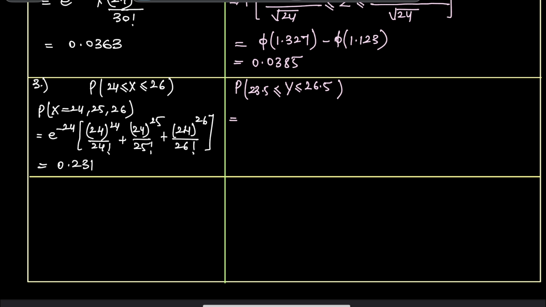This will be calculated as probability of z greater than 26.5 minus 24, divided by root 24, that is your standard deviation, less than or equal to z less than or equal to 23.5 minus 24 divided by root 24, right?